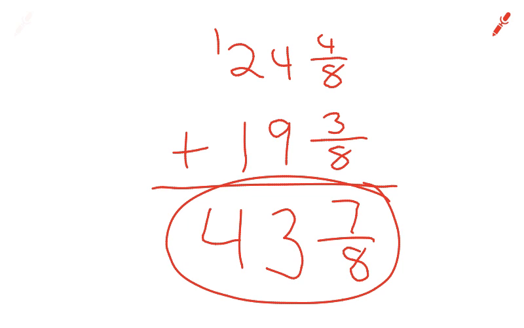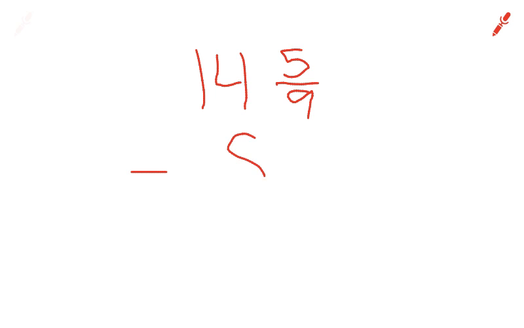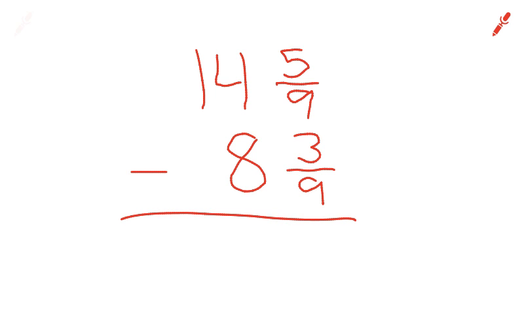Let's go down to 2a. 2a, the first one is 14 and 5/9. Instead of adding, we're now subtracting. Minus 8 and 3/9. 5 minus 3 is 8.